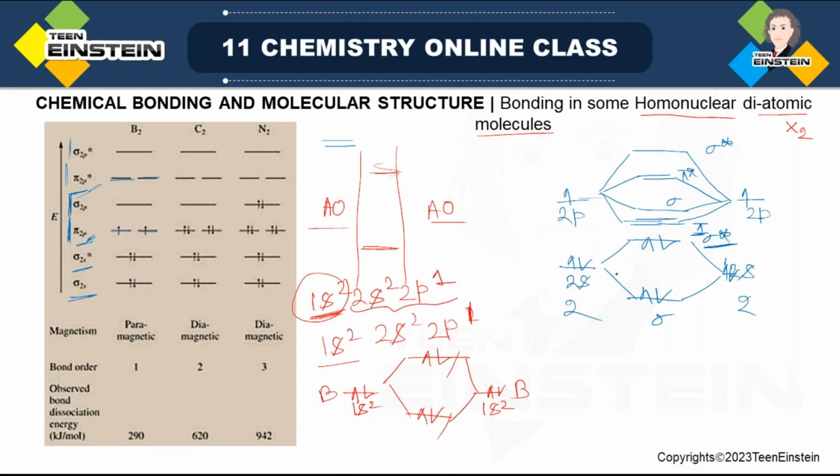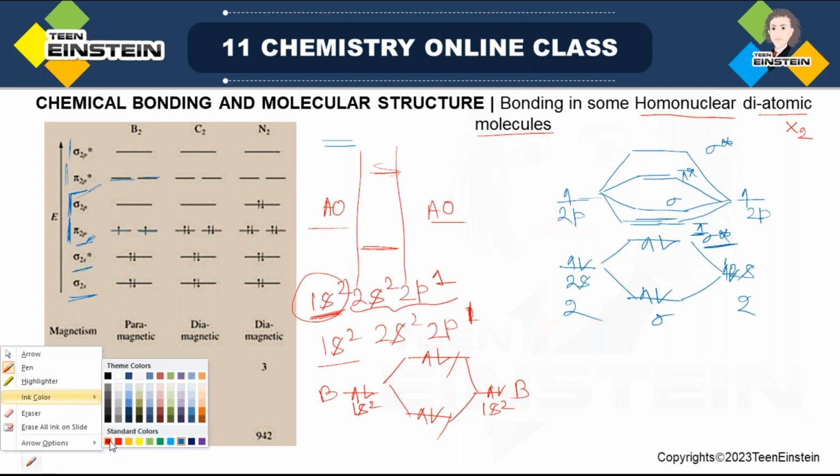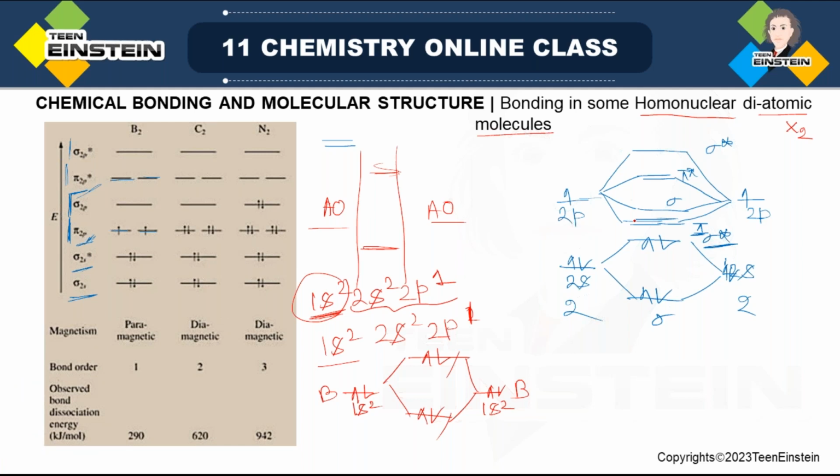So this type of energy level, one by one, as it is mentioned here, is applicable for boron, carbon, and nitrogen. Now, as it is 2p1, 2p1 on both sides, how will the electrons be placed? Now the electrons will be placed like this, as written here. If you are using these two lines like this, one electron here, another electron here.